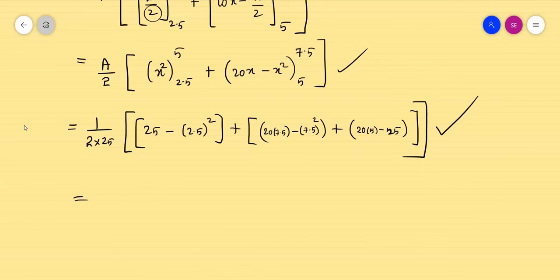What is the answer, guys? This is going to be 0.75.